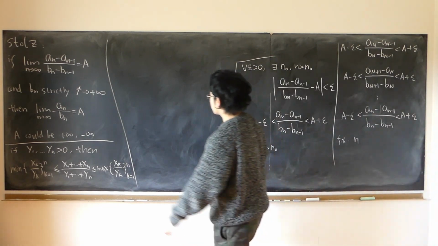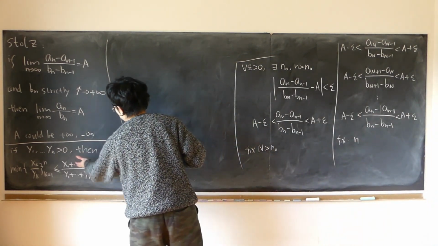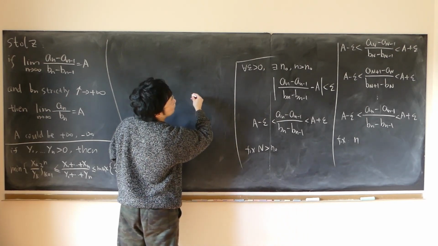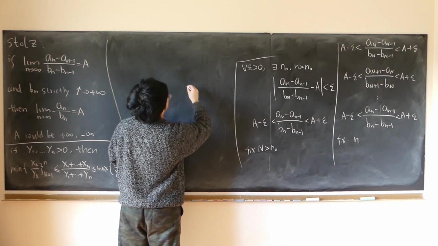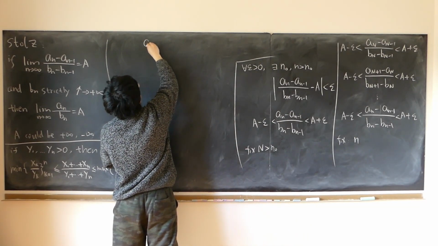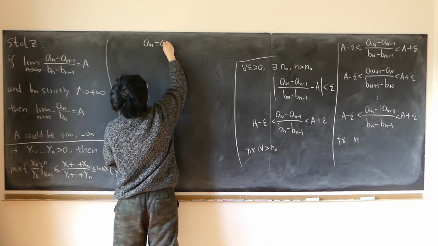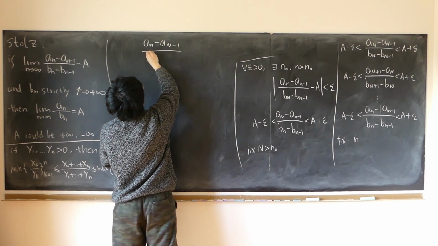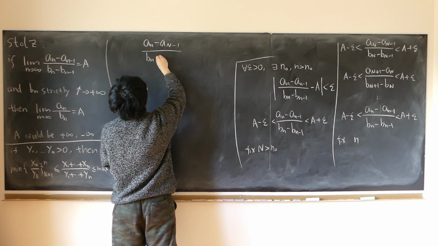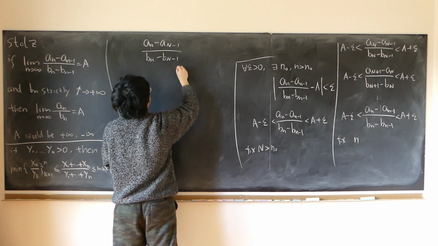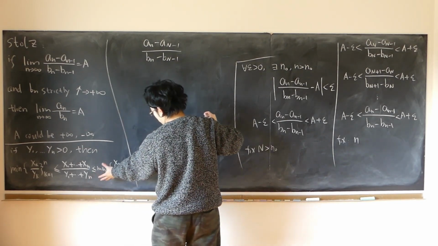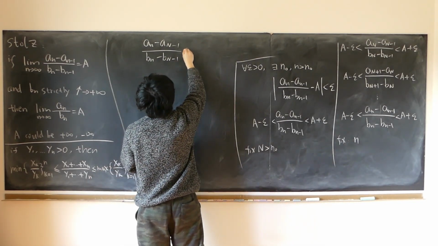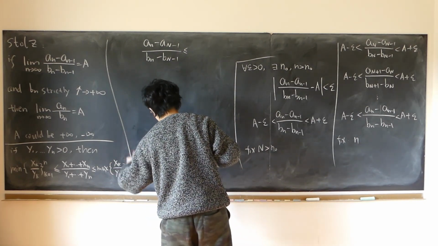So according to this lemma, the sum of the numerators will become just an minus a capital N minus 1, and for the same reason, bn minus b capital N minus 1 should still be less than the maximum of the fractions.